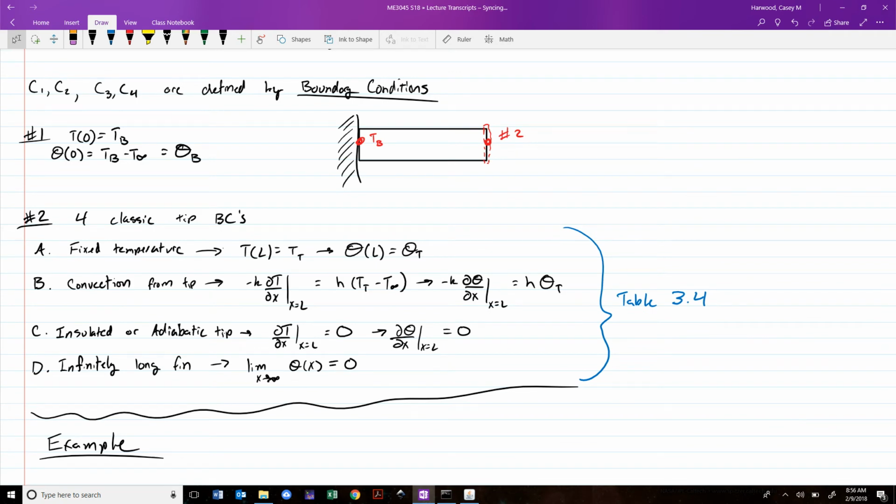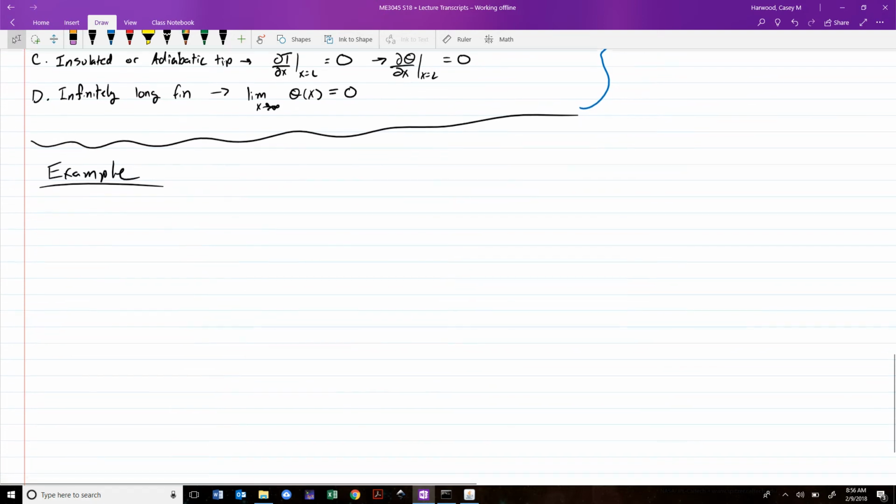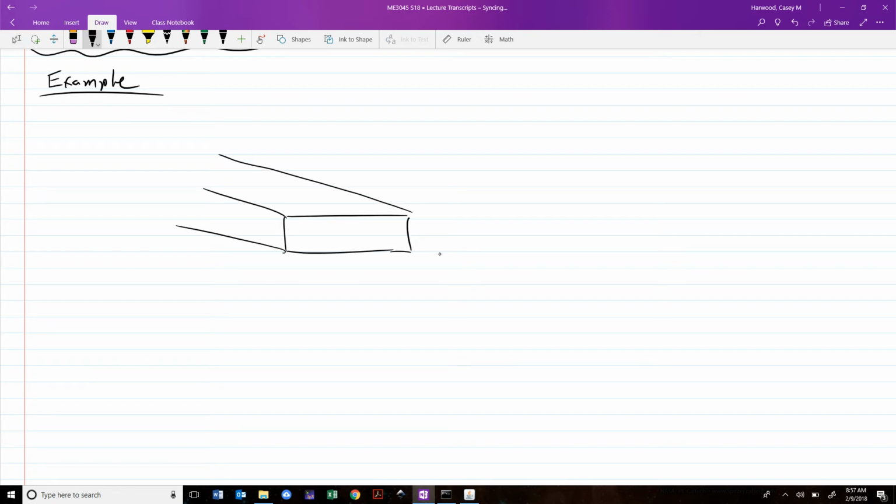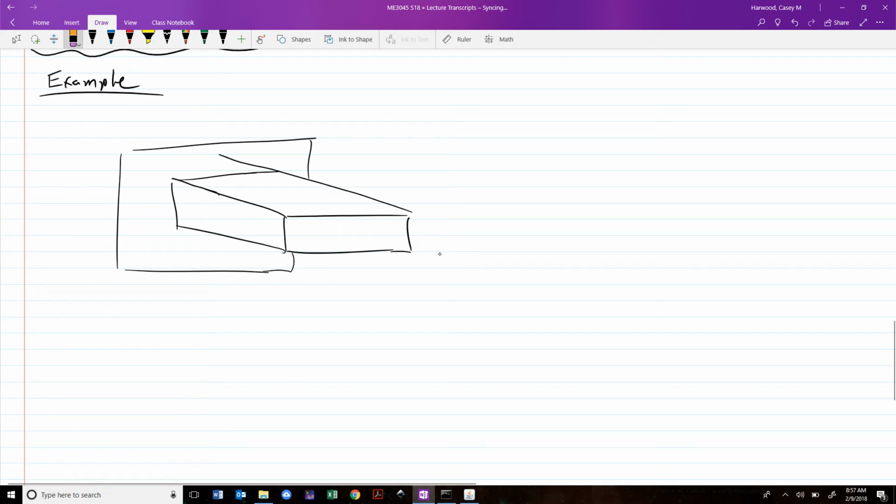All right, so let's consider a case where we've got some rectangular cooling fin with a uniform surface area.